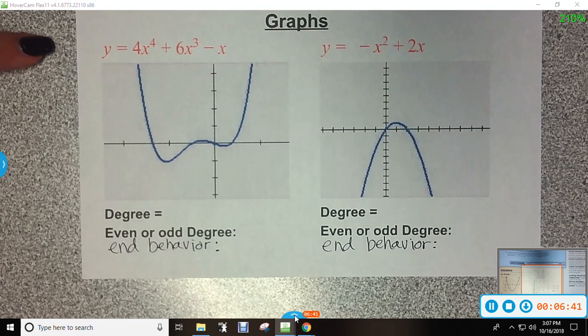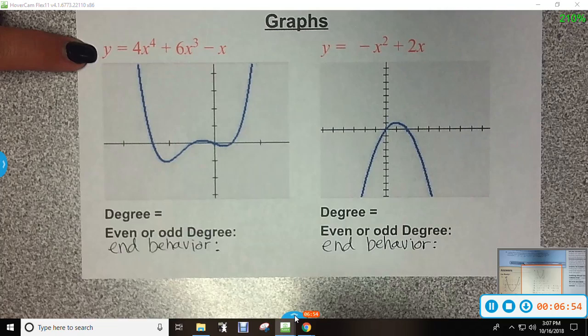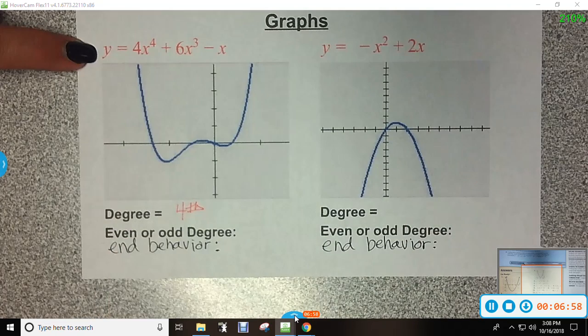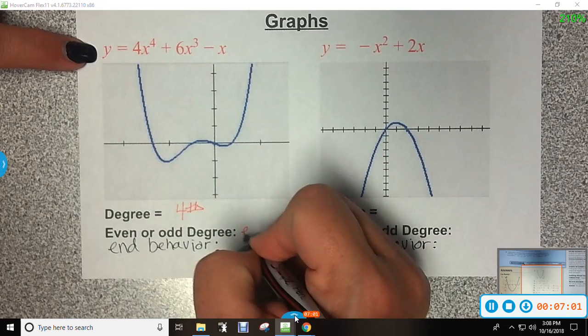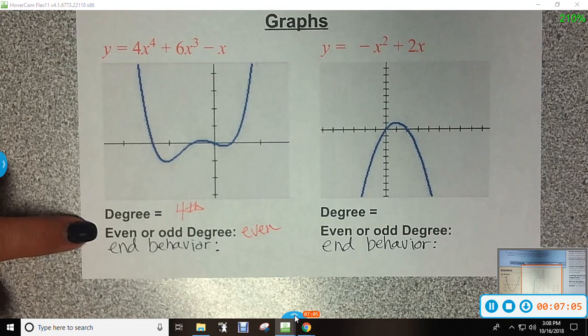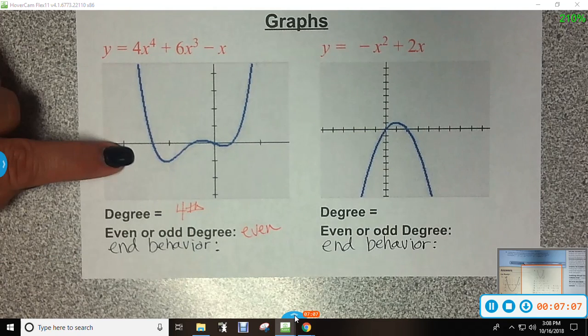So now, if we take a look at the equation here, what is the degree based on that equation? 4. So that's a 4th degree. Is 4 even or odd? Even. Now, let's see if we can make that information right there go along with what we see in the graph.